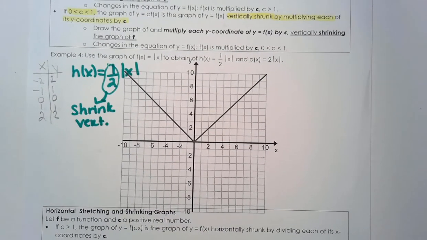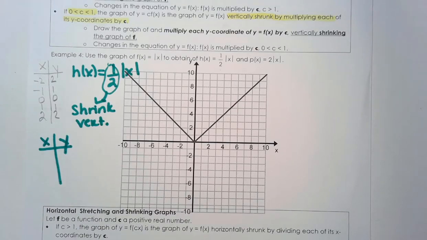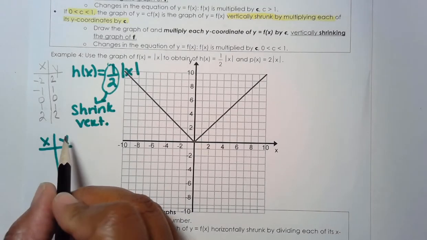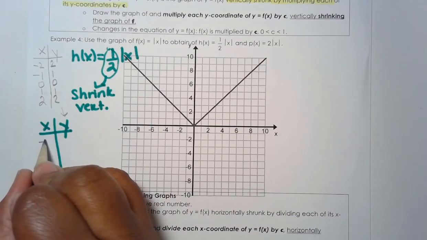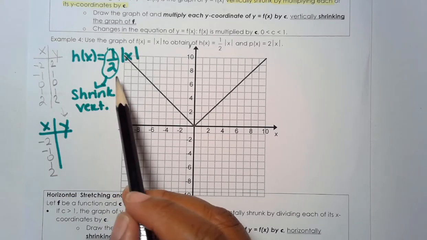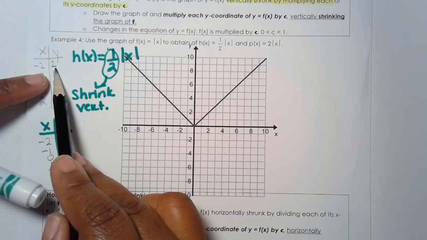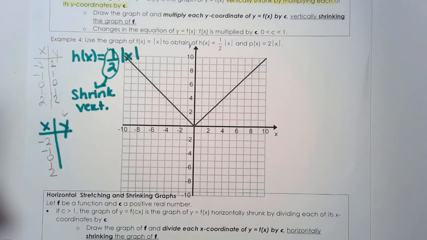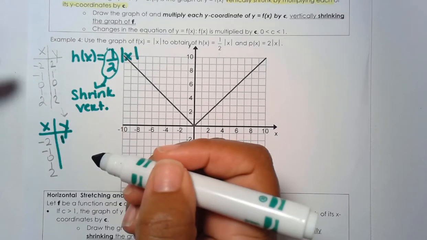Okay, so here's our xy table. Our focus is going to be on the y coordinates, changing that. So our x coordinates are not going to change. So we're going to multiply 1/2 by 2. So half of 2 would give us 1.